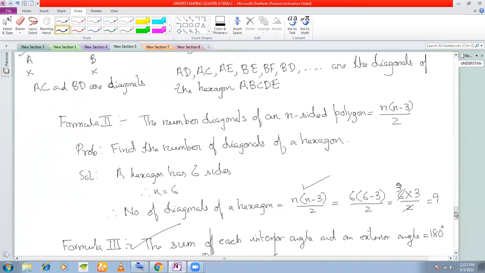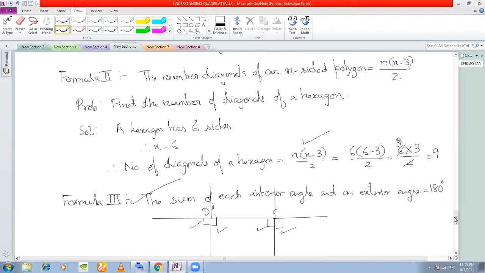Sir, you have written the number of diagonals of a hexagon is equal to 9, right? Sir, the solution which you have done, for how many diagonals does an n-sided polygon have? n into n minus 3 by 2.